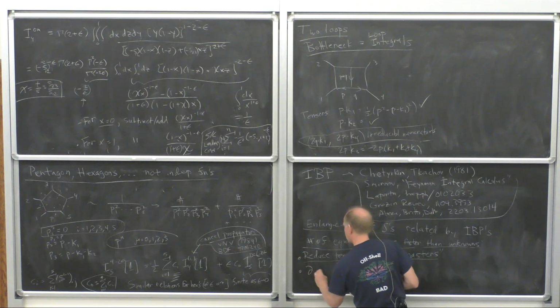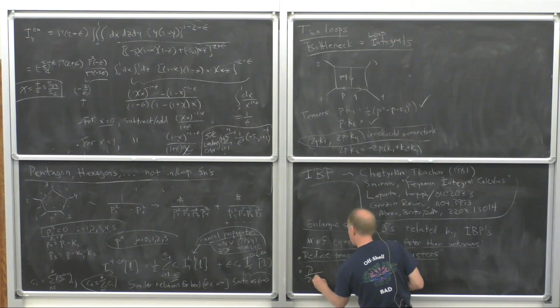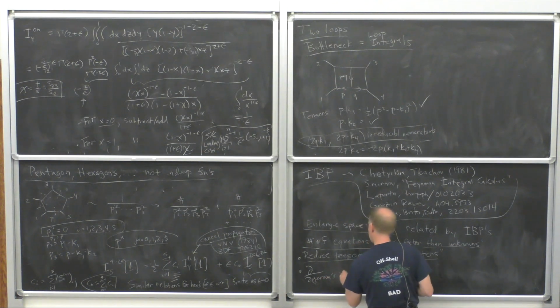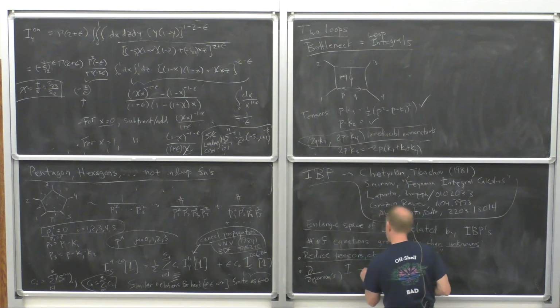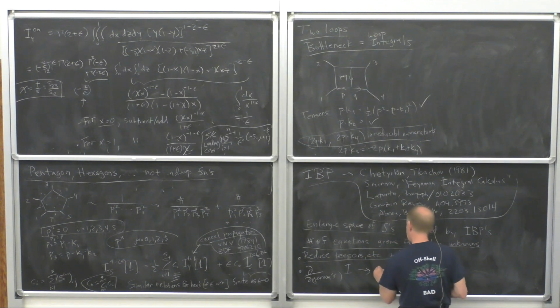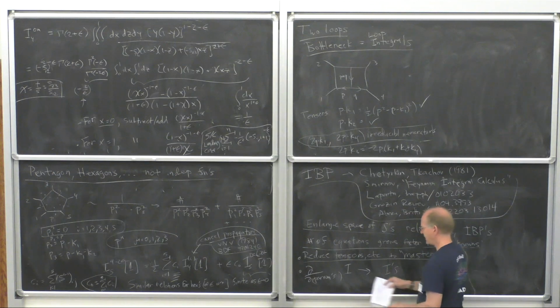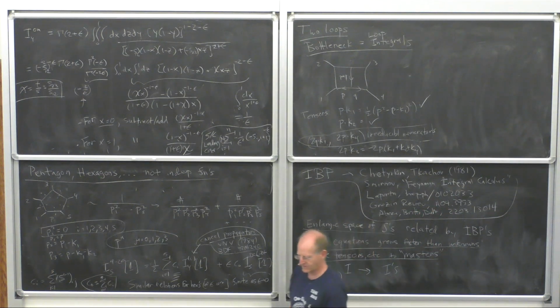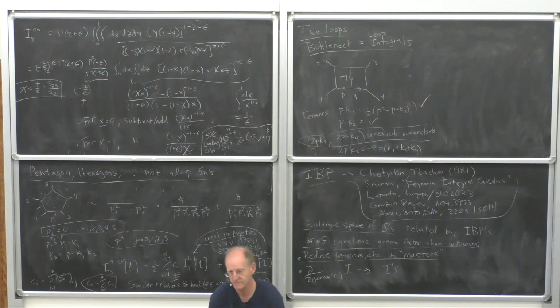And then we can also take derivatives with respect to parameters of these two-loop integrals, and we can reduce them down to the integrals again. And that gives us differential equations. So that's the general strategy.